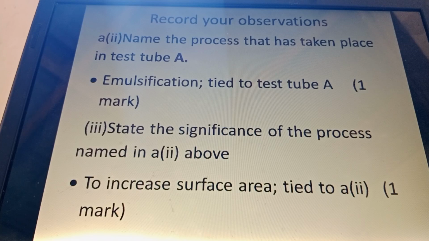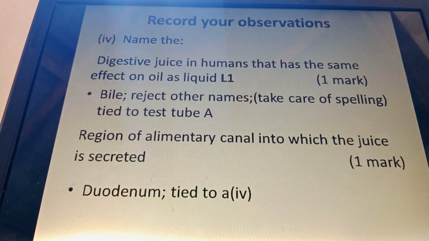And again, it is tied to A1. So if you don't get the observations there, you cannot get this one. They are tied. So the moment the observation in test tube A is wrong, you don't get emulsification or increase surface area.